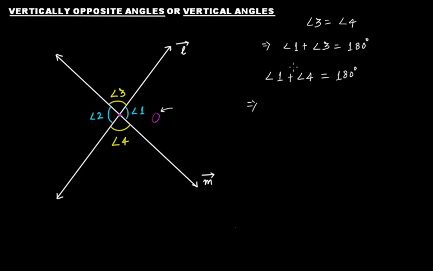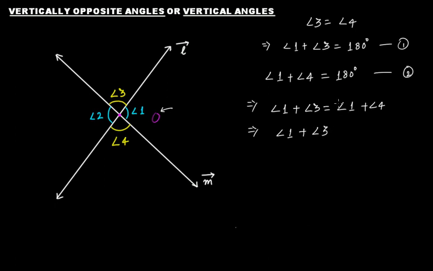It implies that from the first and second equations, angle 1 plus angle 3 is equal to angle 1 plus angle 4, because both of them are equal to 180 degrees.